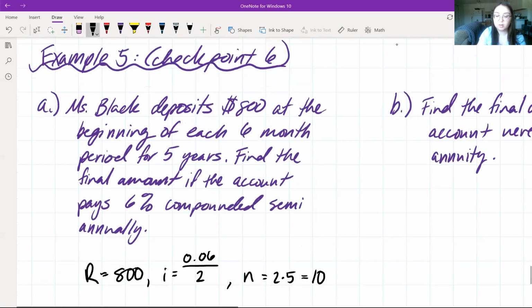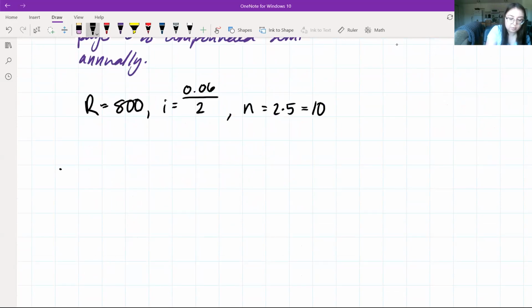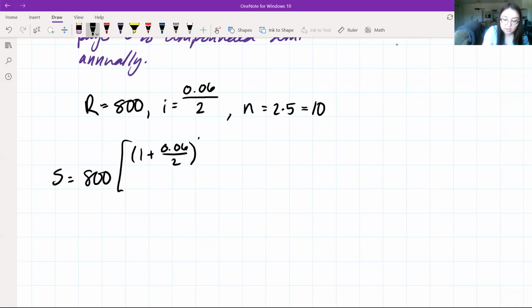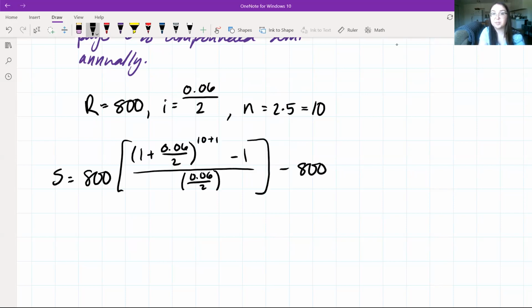So now we just want to plug all of these values into our equation. We get S is equal to R, which is 800, times (1 plus i, which is 0.06 divided by 2) to the power of 10 plus 1, since we know it's n plus 1, minus 1, all divided by 0.06 divided by 2, minus $800.